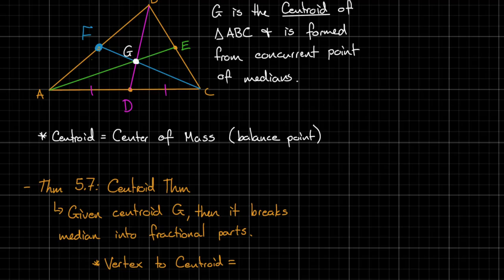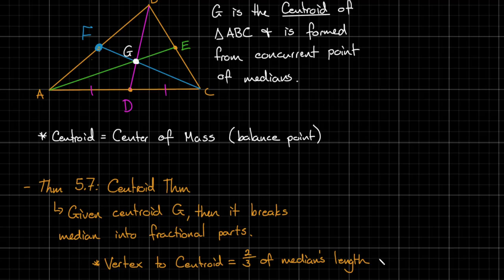Always. So do we all agree that from the vertex to the centroid is a longer part? Okay. It turns out that this is always going to be 2/3 of the median's length. Every single time.